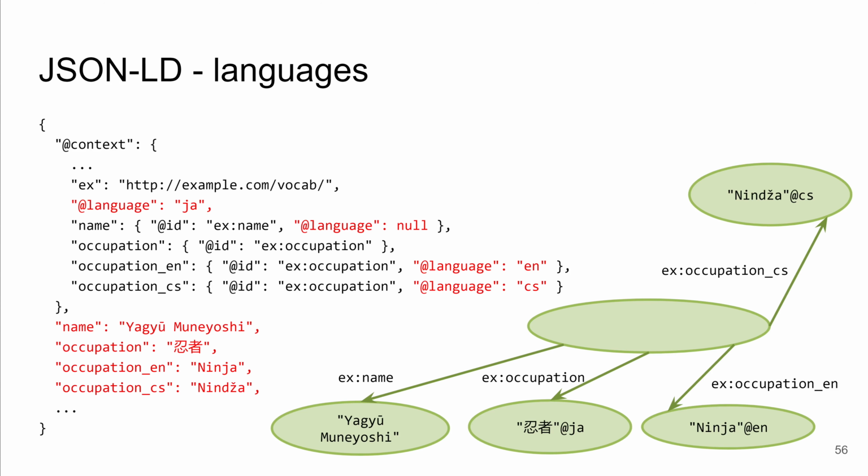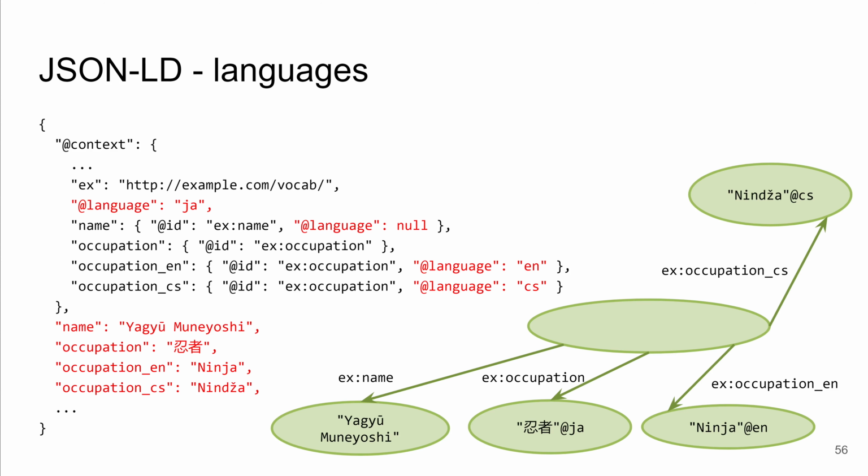Then we might use the @language keyword also in the definition of a key mapping. So name here is mapped to the X name predicate, and the values will not have language tags. The null says it will not have a language tag, which means the value will be an XML schema string.